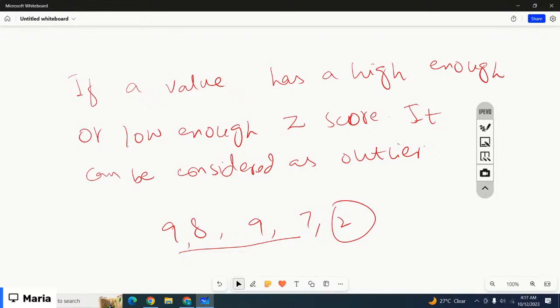The last value seems to be an outlier because it falls below the main pattern of the other grades. So 2 is the outlier, either too low or too high according to the rest of the data, right? Okay, let's start with the practice questions.